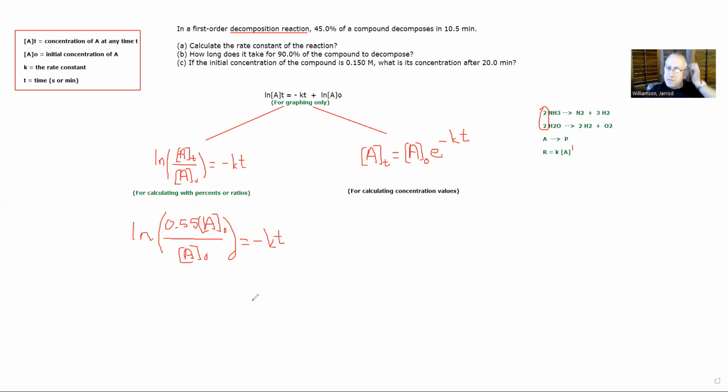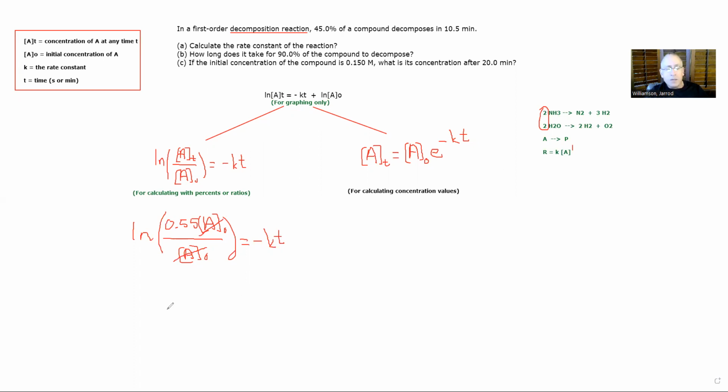I'll substitute for t in a minute. But that's what it means when it says 45% of a compound decomposes in 10.5 minutes. That means that At has become 0.55 of the original amount. The A naughts cancel out. I don't know what the original amount was, but I know that they cancel out.